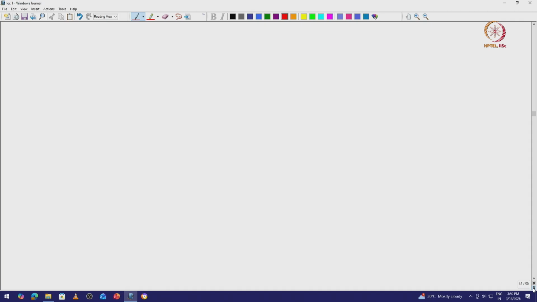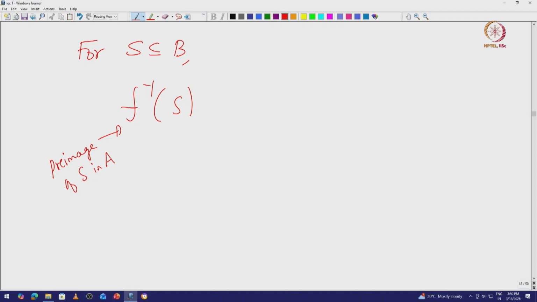Now I can start with S a subset of B. Then I can look at the pre-image or the inverse image of S, which is denoted by f inverse of S. This is what is called the pre-image of S in capital A, or the inverse image of S in capital A, of course under f.